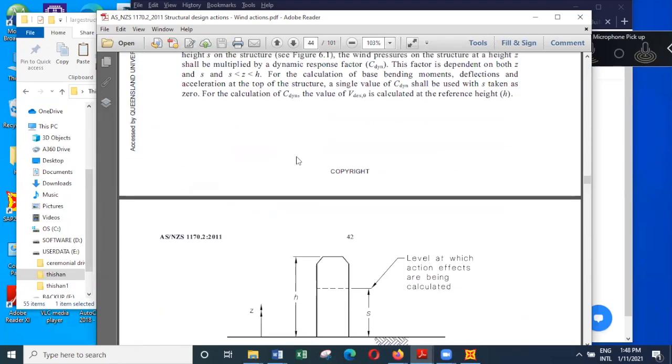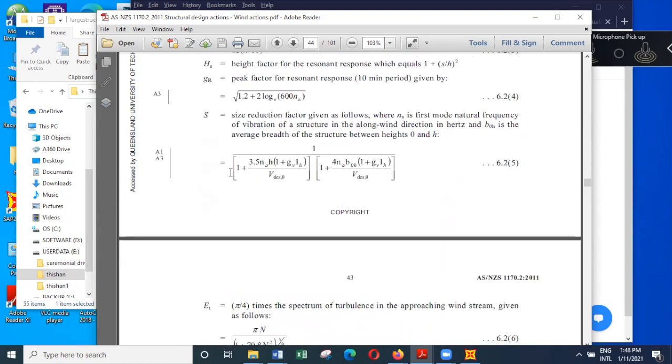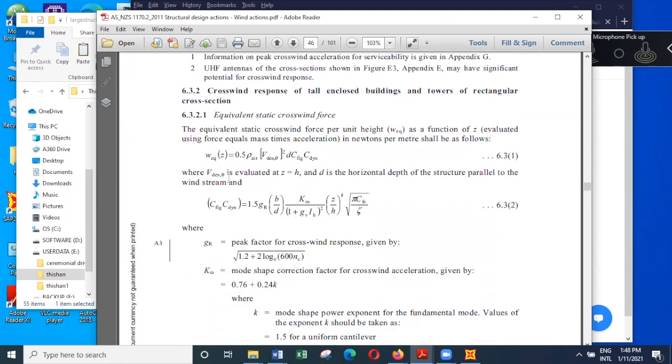And then on the along wind response, the equation is given for C dynamic. There are a few factors to be calculated. And then it gives equations for crosswind response.